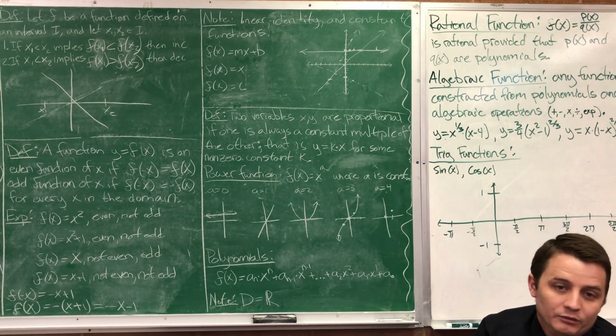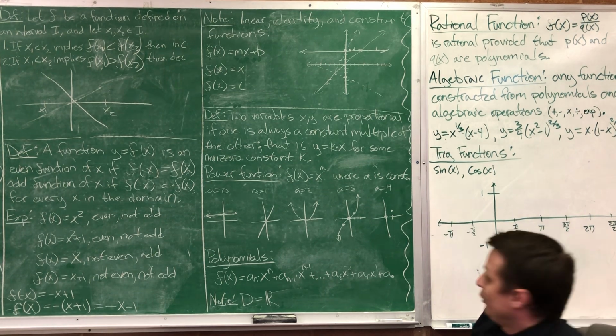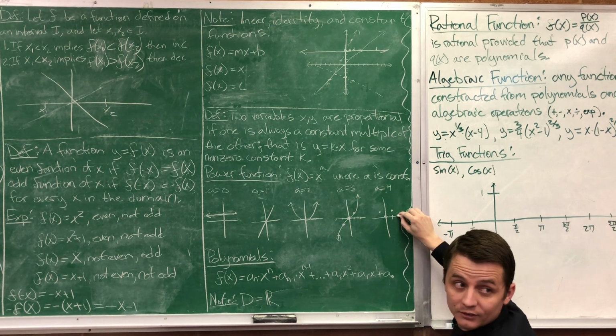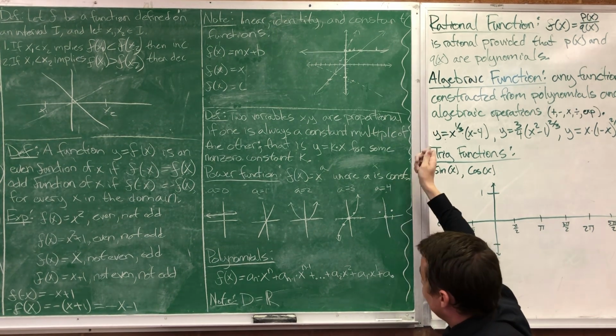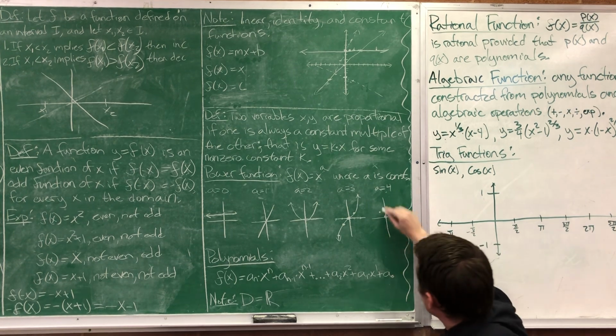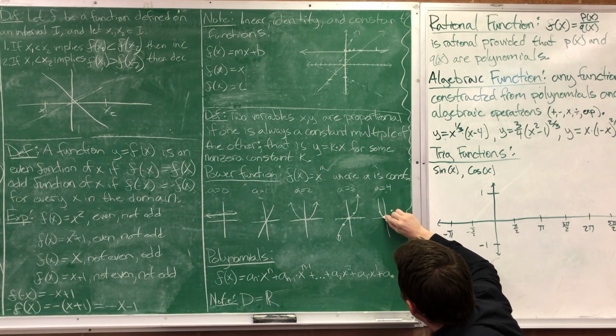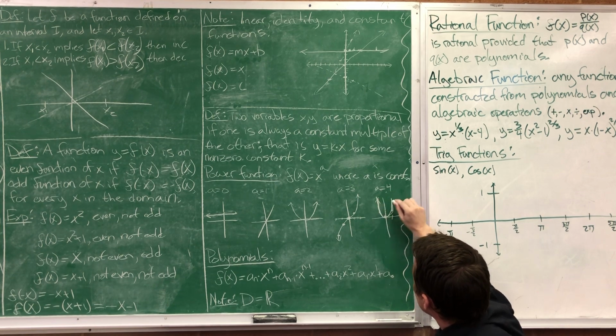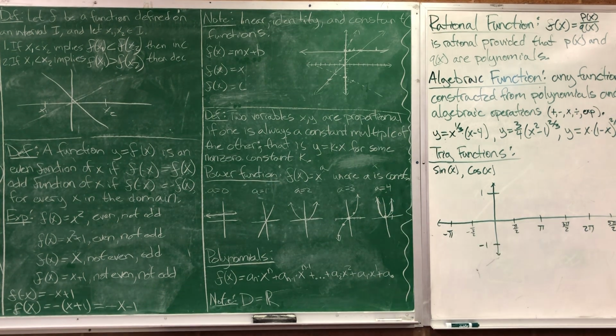Negative 1 to the power of 4 is still 1. 2 to the power of 4 is 16. Already off the chart. So this is going up absurdly fast, so a way steeper parabola. It's not a parabola, it's like a parabola, but way steeper. And that's x to the 4.